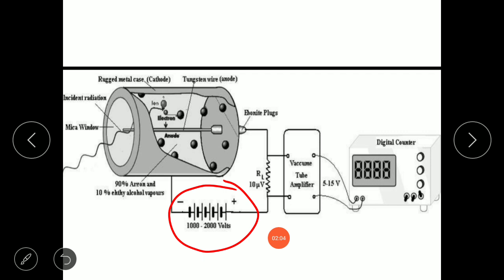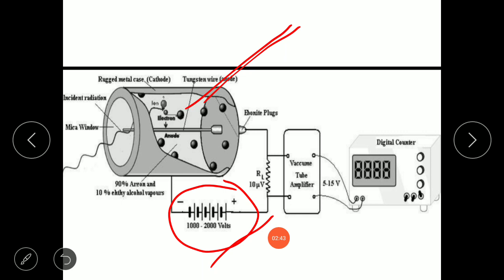Since there is a gas inside, the voltage is kept at such a value that it is lower than the ionization potential of the argon gas, or whatever gas is inside the glass envelope.